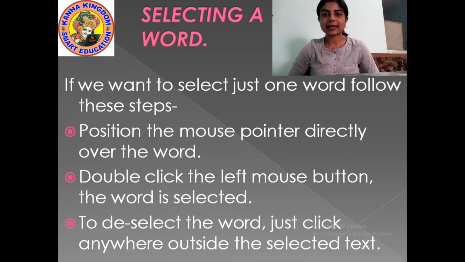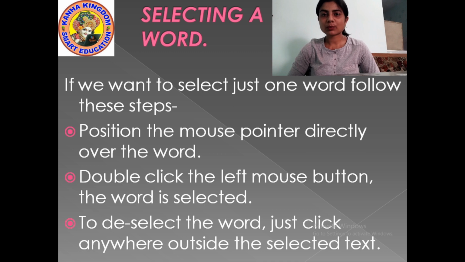The word is selected. By double clicking the left mouse button on the word where you have brought the mouse pointer, the text that you want to change or edit will be selected.